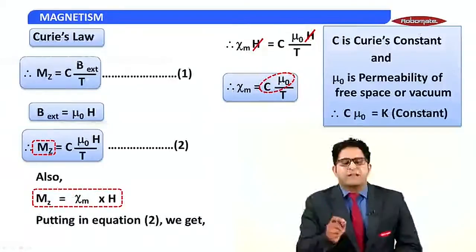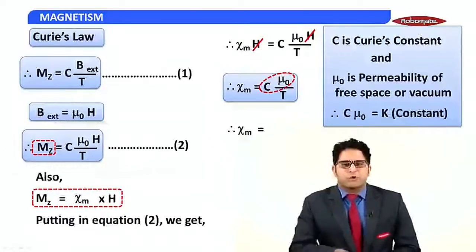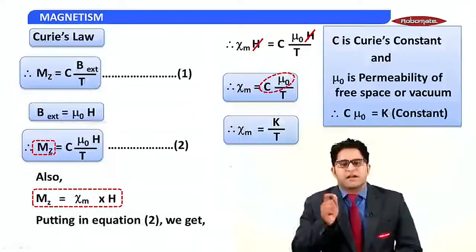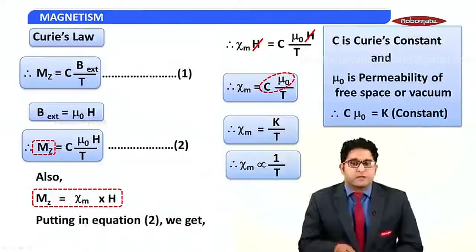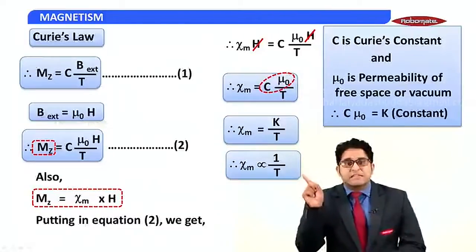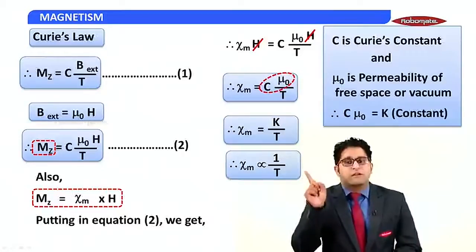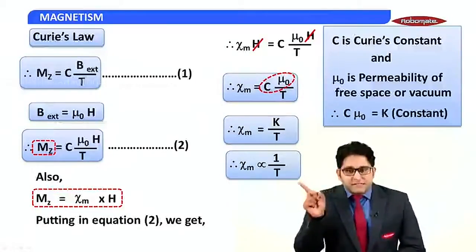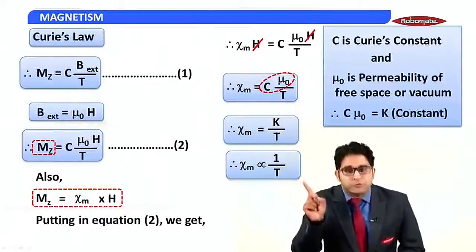So I'll name it as capital K. So what will I get? I'll get xi m is equal to capital K upon T. And from this, I can write xi m is inversely proportional to absolute temperature. Now students, this relation is very important. What we have learned is that for paramagnetic substances, magnetic susceptibility is inversely proportional to absolute temperature.